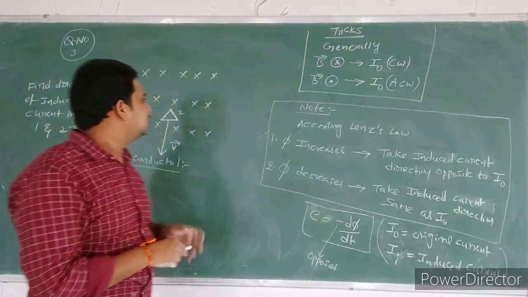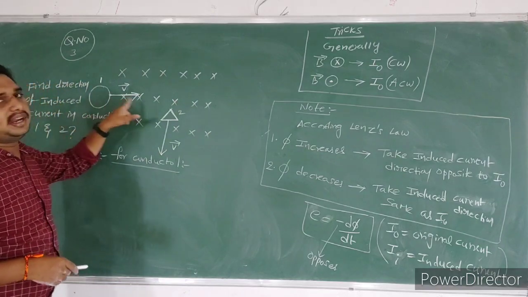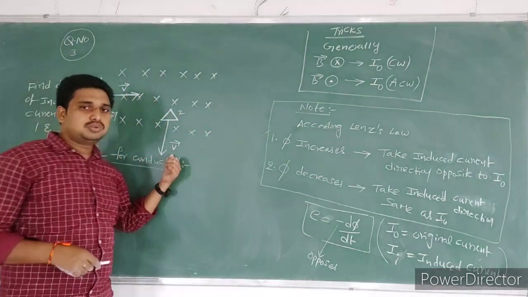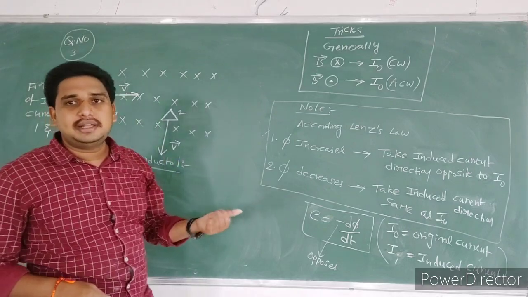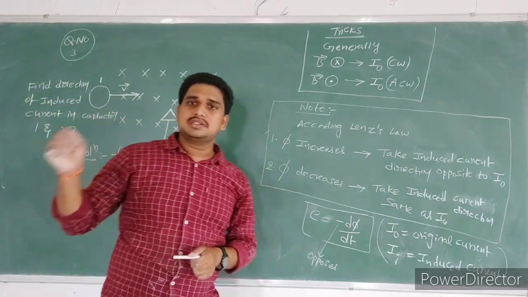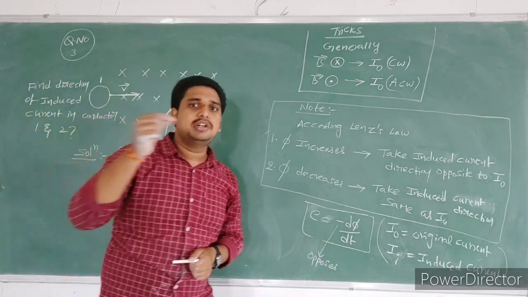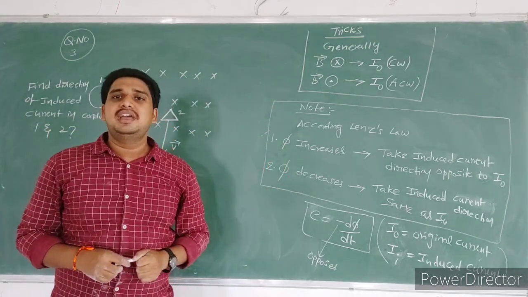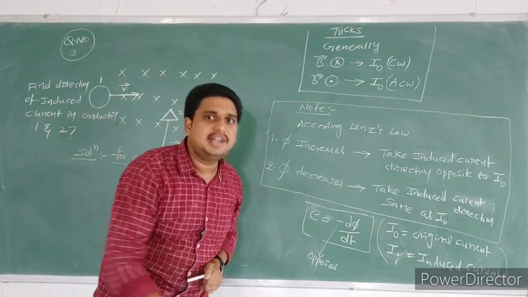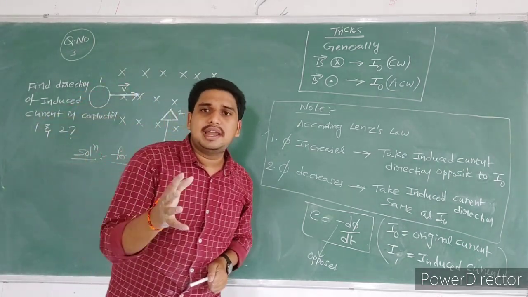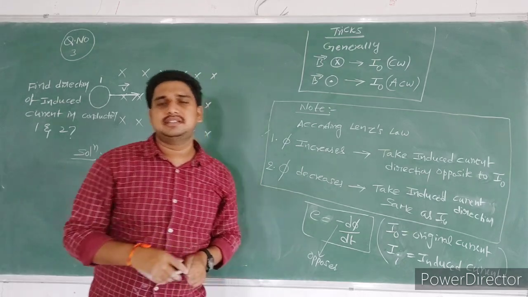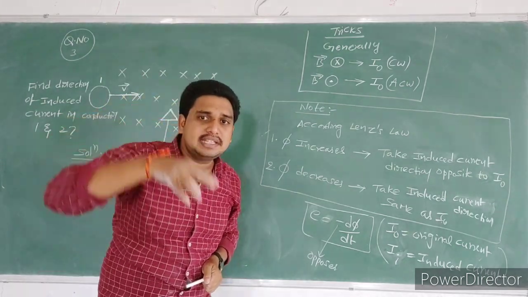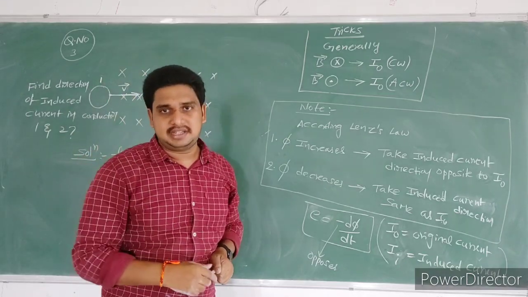In case of conductor 1, more magnetic field lines are linked with the surface. In case of conductor 2, fewer magnetic field lines are linked with the surface, because conductor 1 is entering the magnetic field, and conductor 2 is leaving the magnetic field. If it is leaving, the number of magnetic field lines linked with the surface decreases, so magnetic flux decreases.